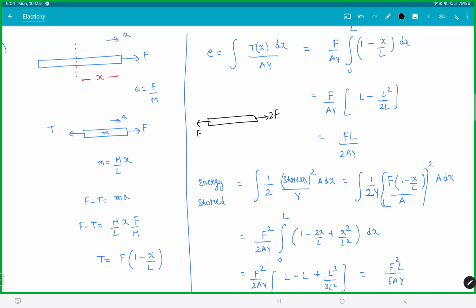I'll give you another half minute for finding tension. If you got tension, then it is done. You just need to put it here, integrate, put it here, integrate.